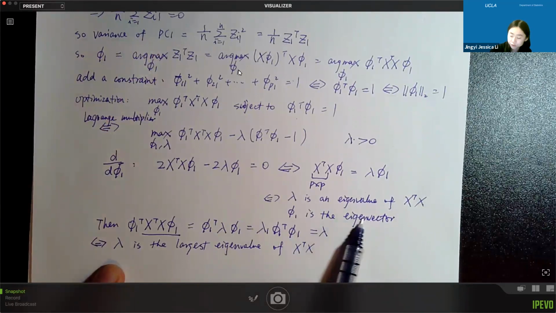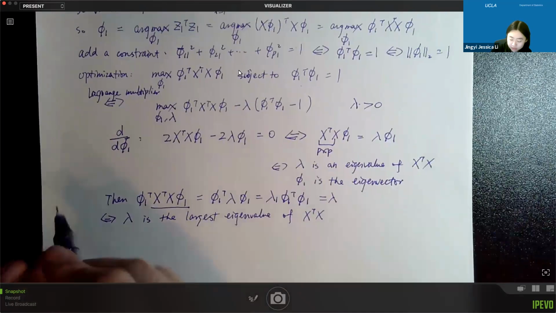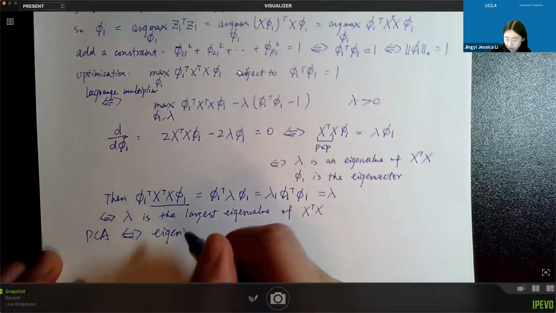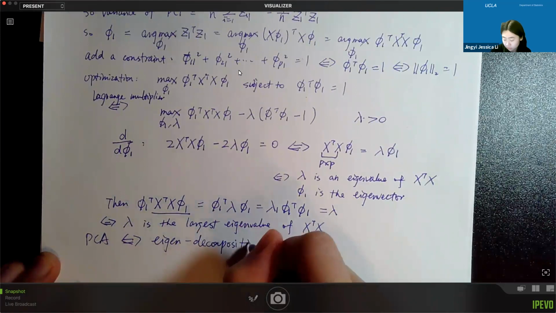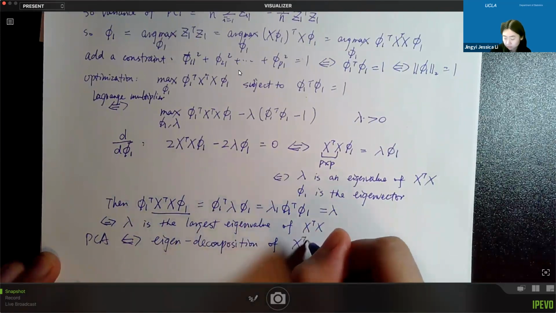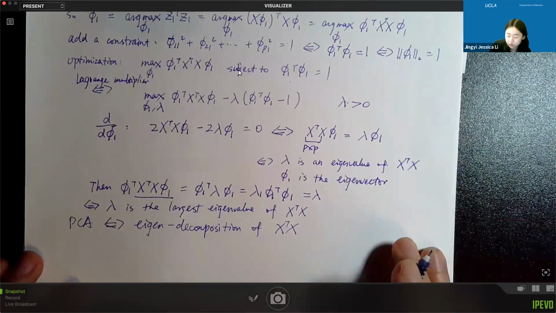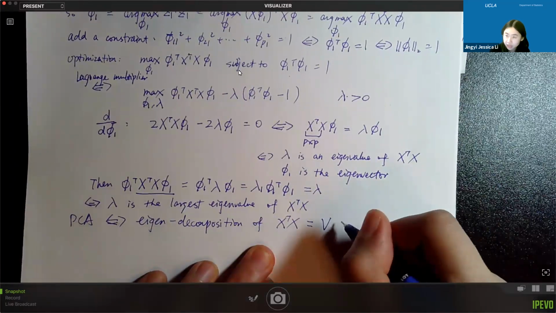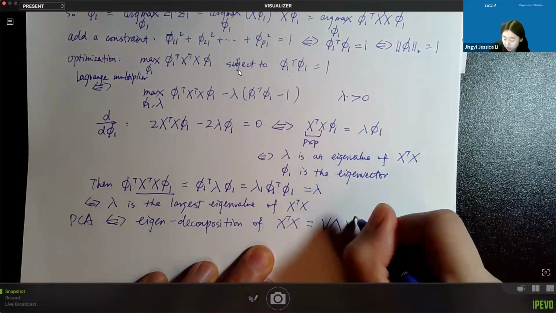That will be the first loading vector I need. So essentially, PCA is equivalent to eigen decomposition of x transpose x. And often we write the eigen decomposition of a square matrix of this form. So we often write this as V times lambda times V transpose.